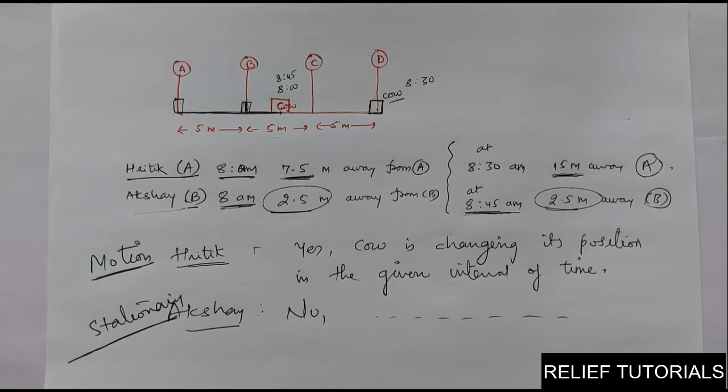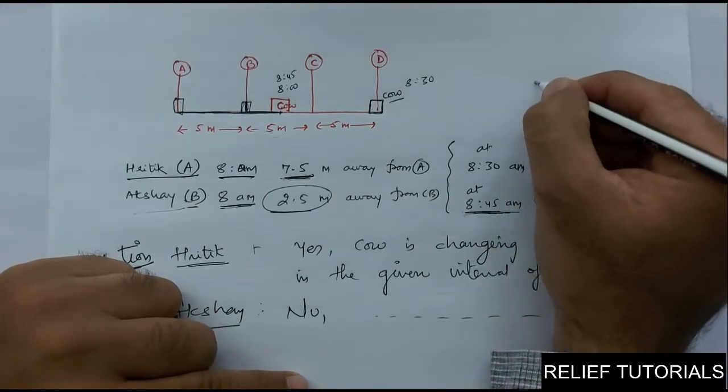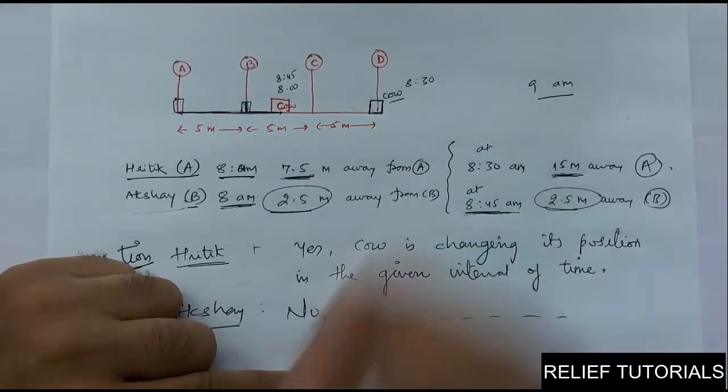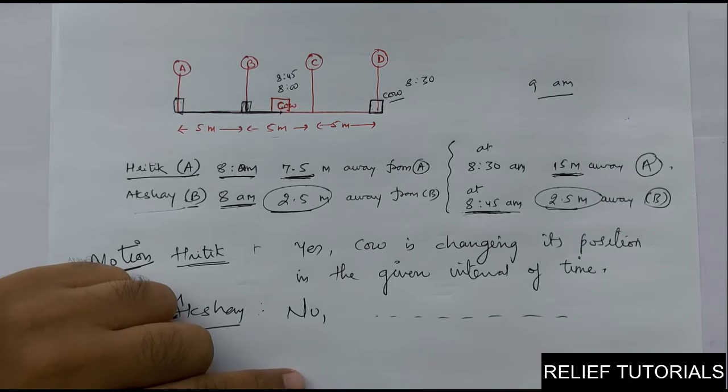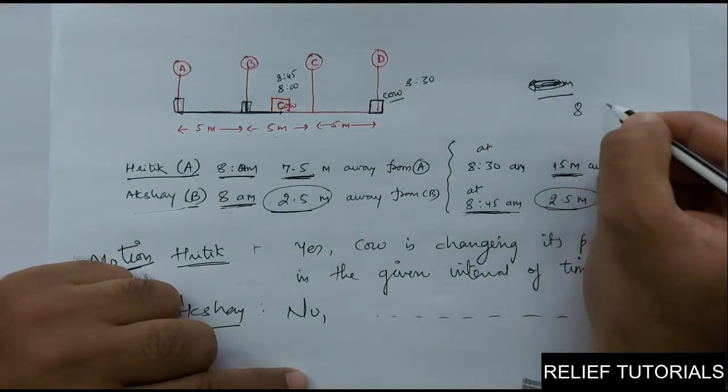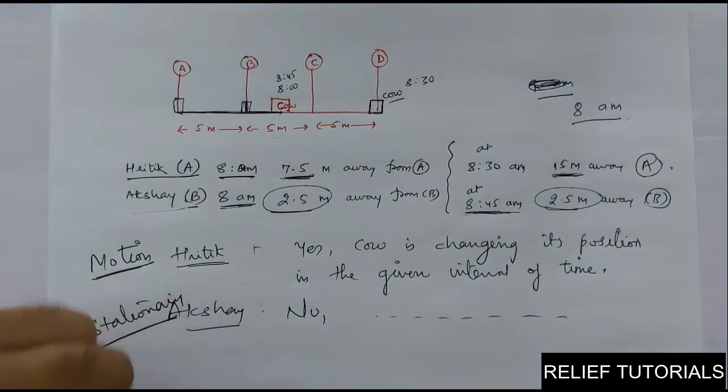For example, you yourself observe your father. Your father leaves home at 9 am in the morning, going to a factory or office, whatever. So what will you observe about your father at 8 a.m.? He is at home.